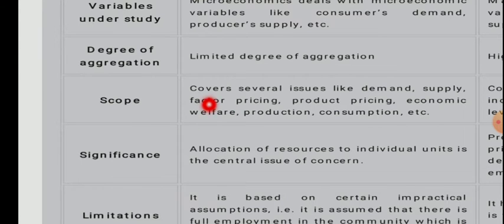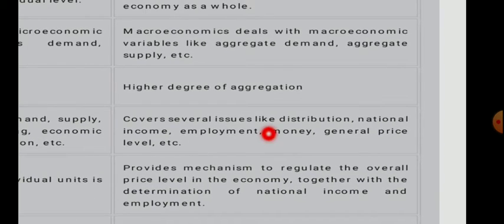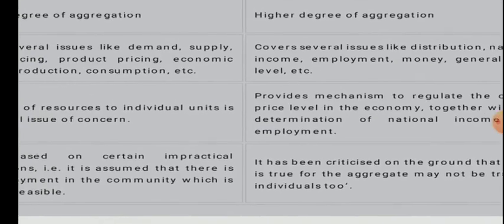Microeconomics covers several issues like demand, supply, product pricing, factor pricing, economic welfare, consumption, production, etc. But macroeconomics covers several issues like distribution of income, national income, employment, money, and the general price level. These are the things we are dealing with.